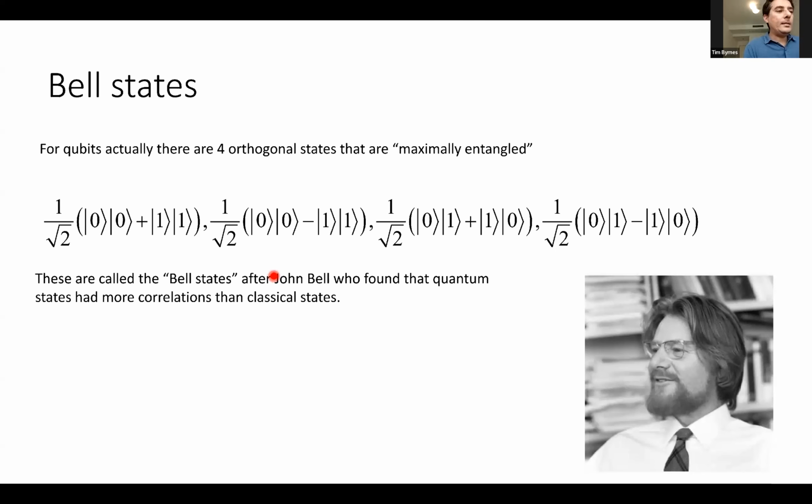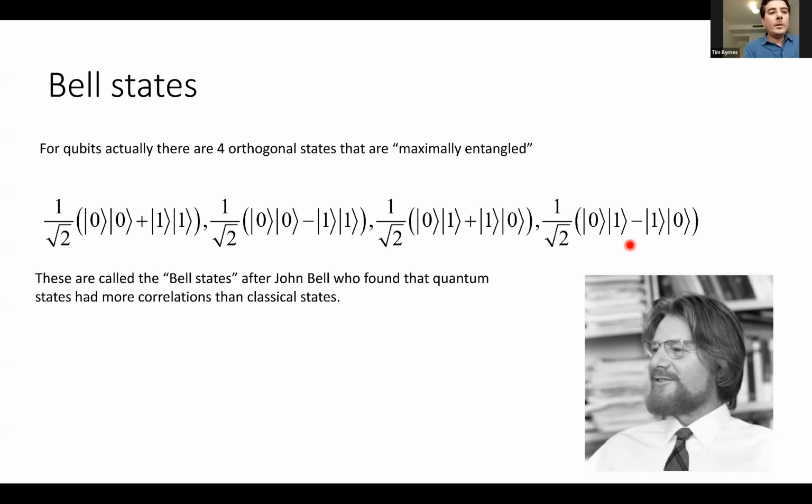This particular example is what we call a maximally entangled state. For qubits, there are 4 such states. One of them is 0,0 plus 1,1 with a plus sign, one is with a minus sign, one is 0,1 plus 1,0, and another one is the same with the minus sign.